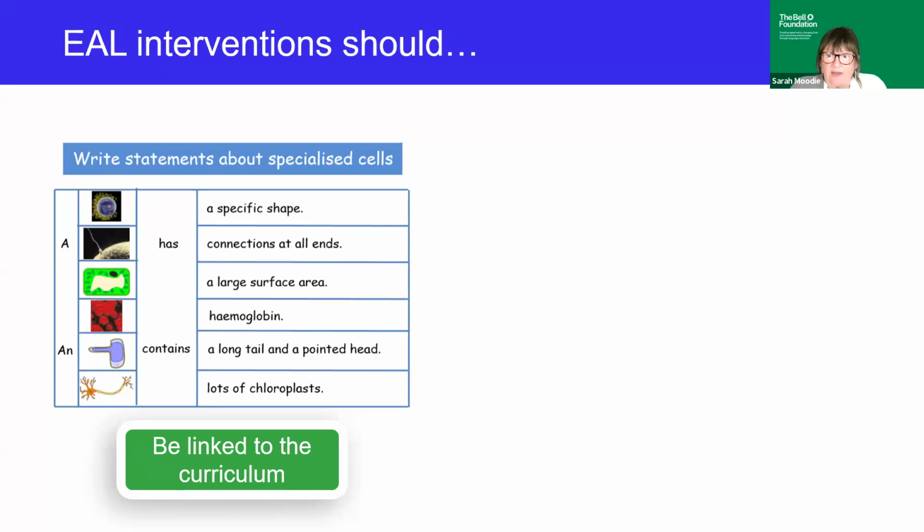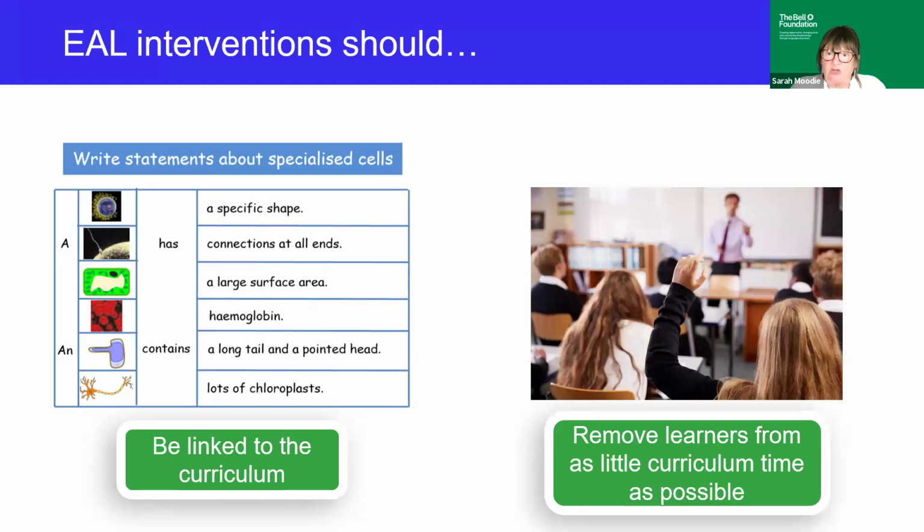And the best way of achieving this is for the EAL specialist to work alongside the curriculum specialist to produce suitable materials. And there's an example here from one of the Bell Foundation resources, which is aimed at a science lesson. And they should also aim to remove learners from as little curriculum time as possible, because it's in the class taught by the subject specialists that the most effective learning will occur.